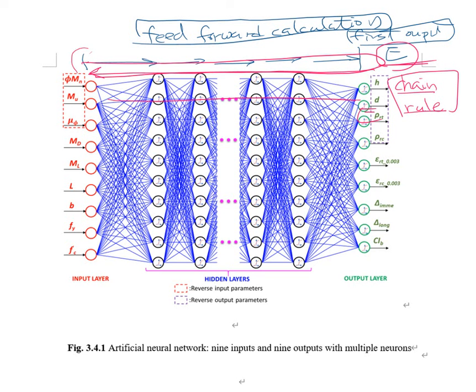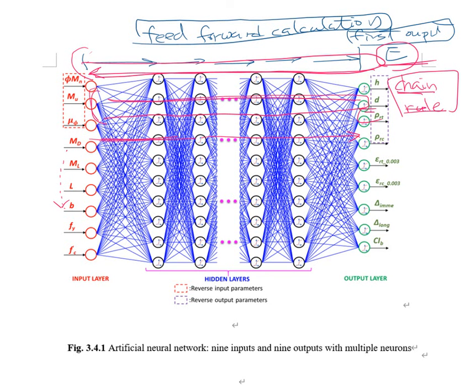This is one epoch and this is another epoch. You still have weight and bias errors, so you go back and revise your weights and biases a second time based on the chain rule, and this is called the second epoch. Then you check if your feed-forward calculation produces enhanced results, and you repeat this.